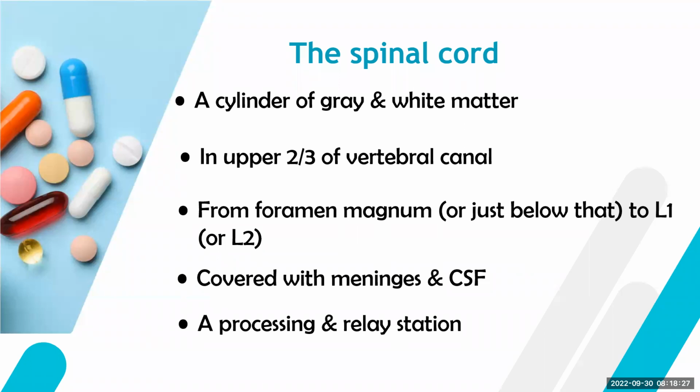Now, it is a processing and relay station, and these two are very important. You will hear more about this in physiology lectures, but some sort of processing takes place at the level of the spinal cord, at the level of the brain stem, and then at the level of the cerebellum, and the higher level processing takes place in the cerebral cortex.